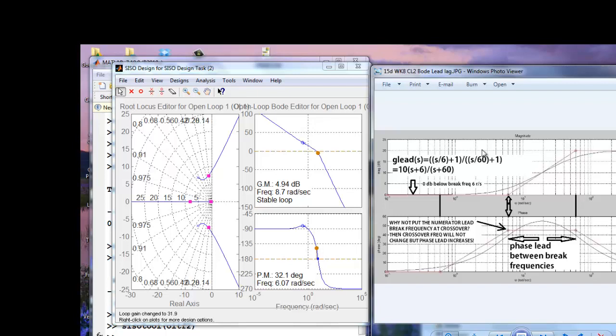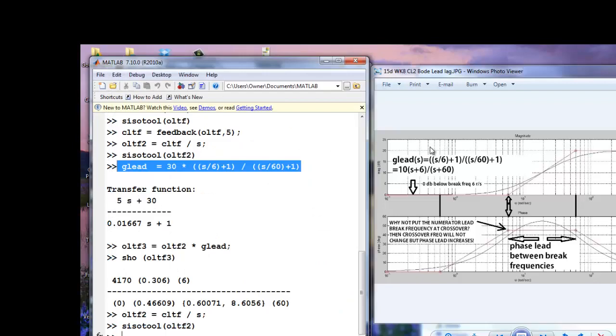So either way, whatever you prefer, I think it's easier to see the break frequencies in this top term. So here's the lead being put in. There's the gain of 30, and after the gain of 30 comes the numerator break frequency at 6, and then the denominator break frequency at 60.